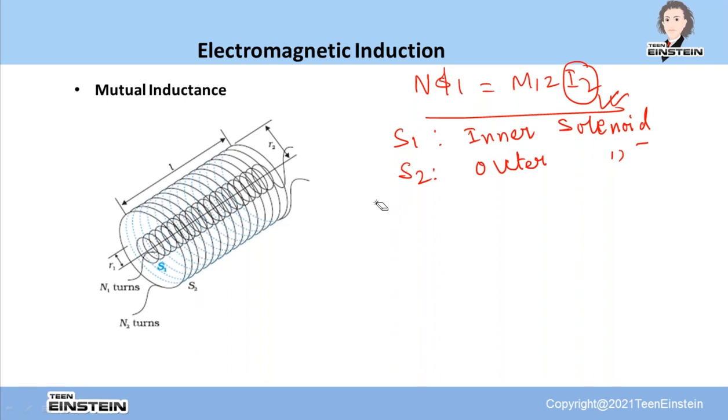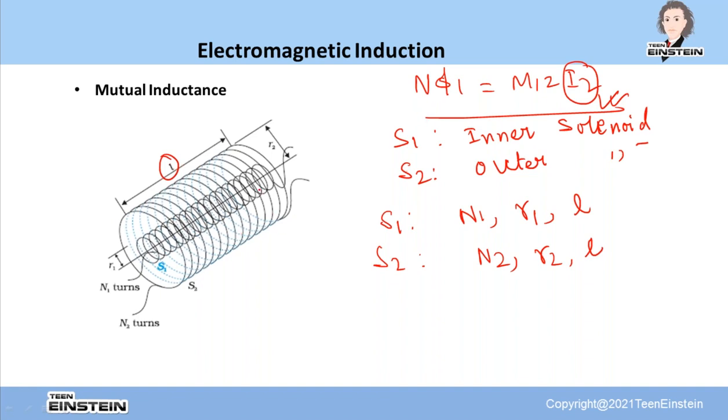Suppose both are of the same length L, as you can see from here. S1 has N1 number of turns, and the radius of each loop is r1, and length L. For S2, the corresponding parameters are N2, R2, and L. So S2 is the outer solenoid.